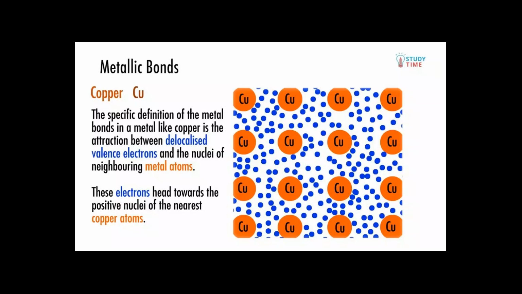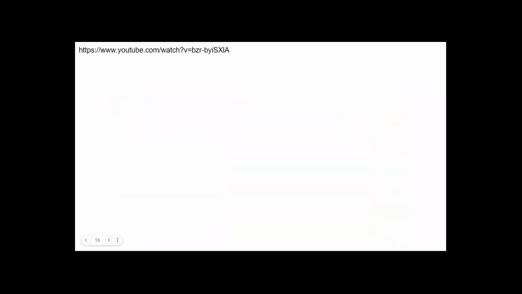And also the smaller the ion, the cation, the stronger the metallic bond. So these electrons head towards the positive nuclei of the nearest copper atoms.